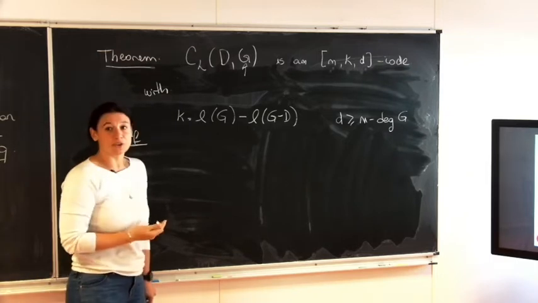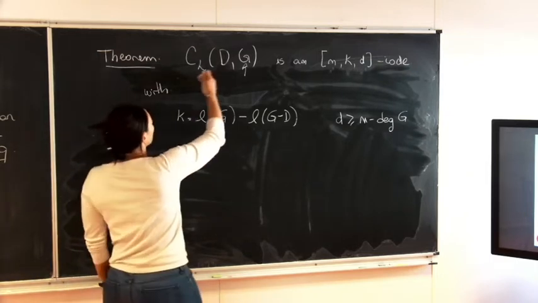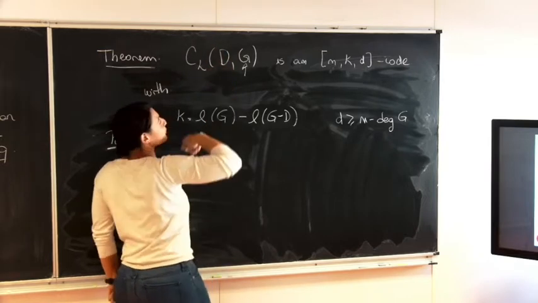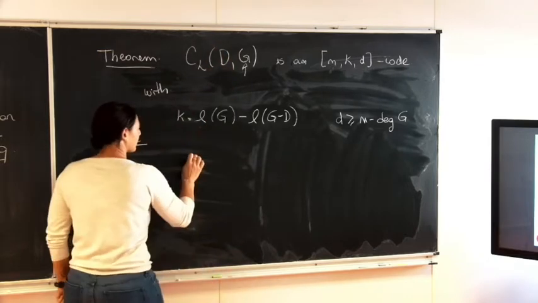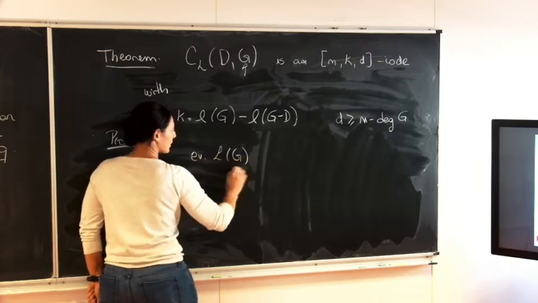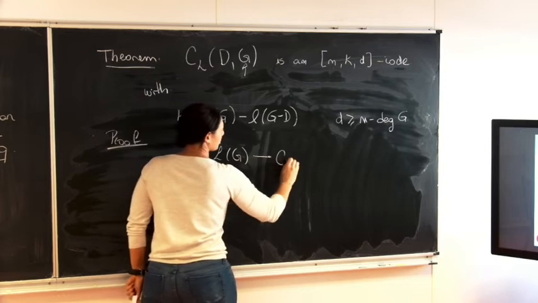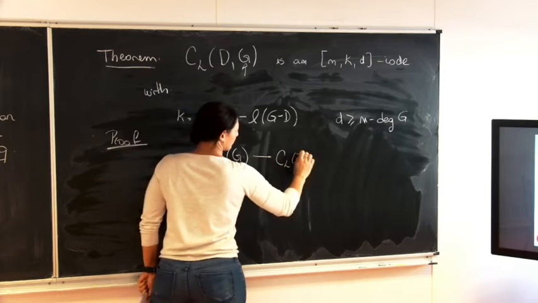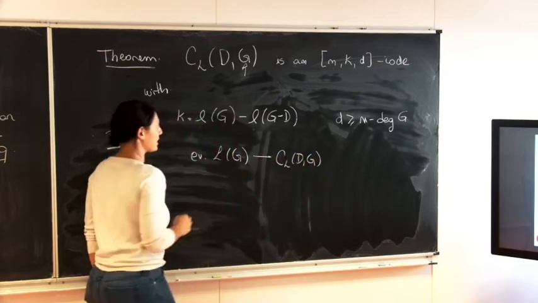Well, first we have to see that this code was actually the image of the evaluation map. We define the evaluation map from the Riemann-Roch space to the code. So this map is surjective.